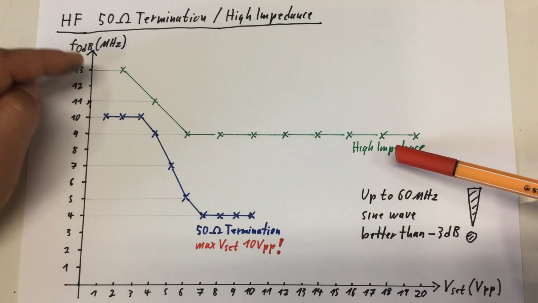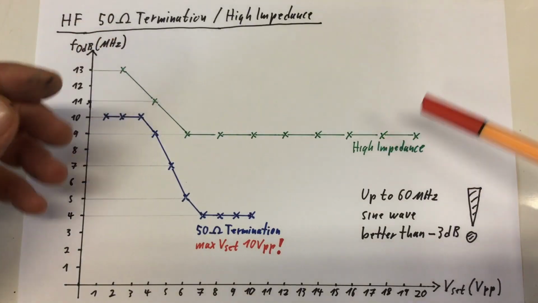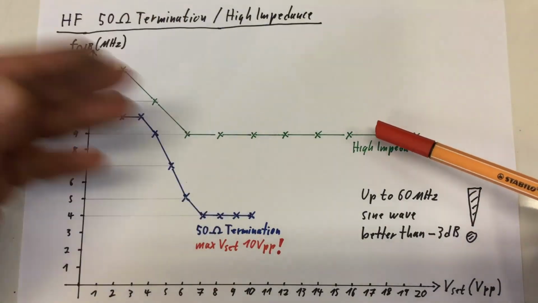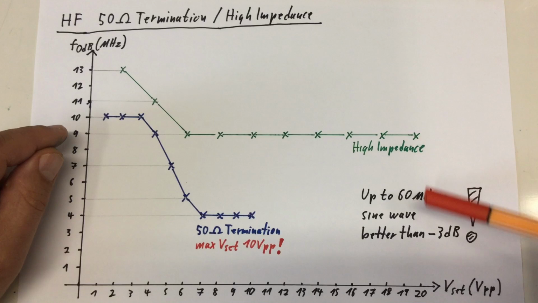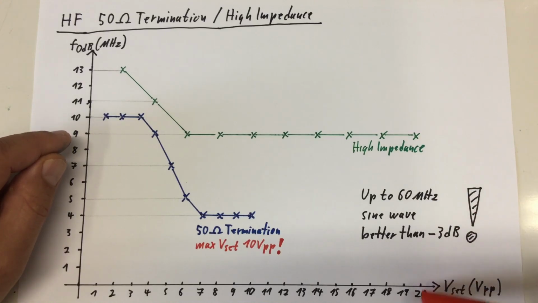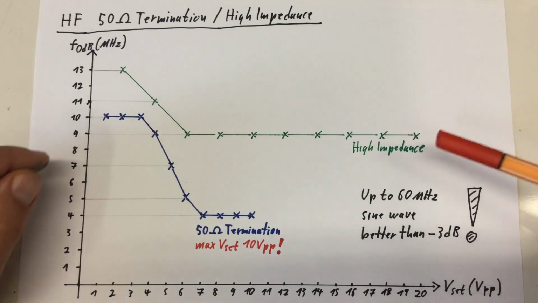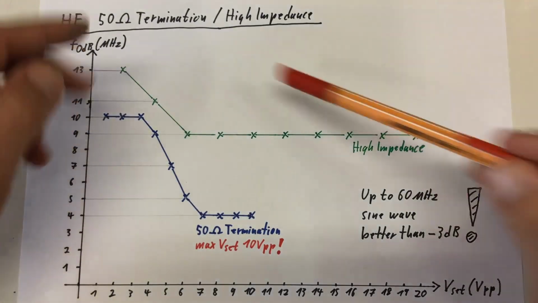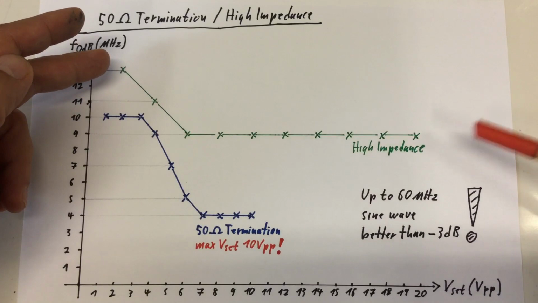For high impedance, it looks a little bit better. We are not drawing any current out of the unit, so we can actually go up to 20 volts set voltage peak to peak. And here I only obviously measured in 2 volt steps.